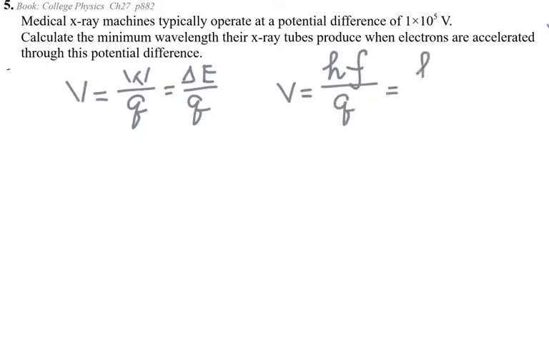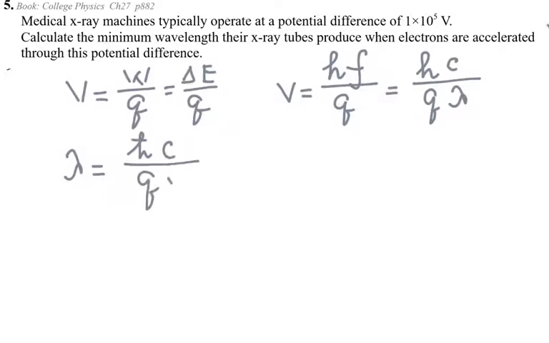Instead of the frequency, I can say it's the speed over the wavelength, and I still have the charge. So the wavelength is equal to Planck's constant, speed of light, over Q and V.